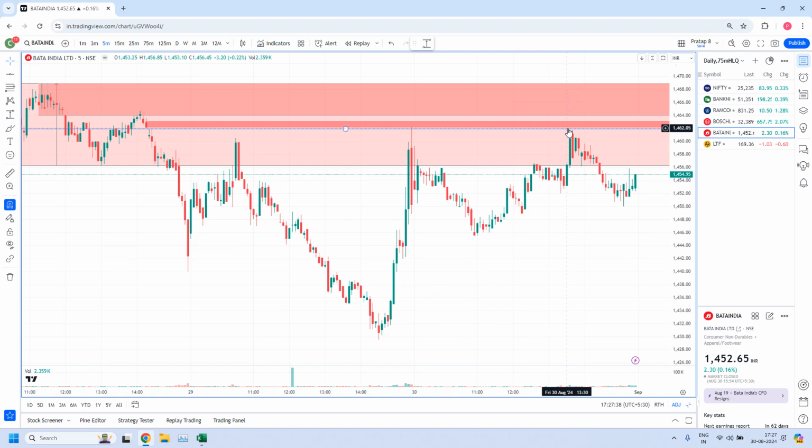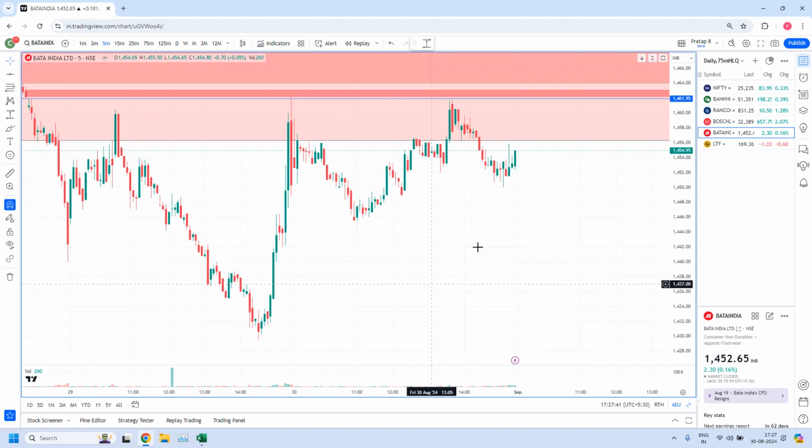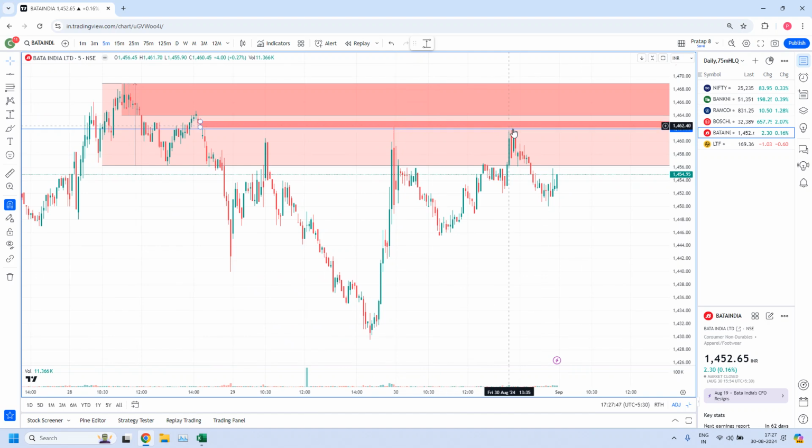This also you can consider as a trade. Maybe next time one can plan a trade from this zone once prices enter, because already 2 times we have seen rejections almost exactly near the zone, very near. At least here, this is also near, a little far compared to this one and this one. This is the first price action clue.